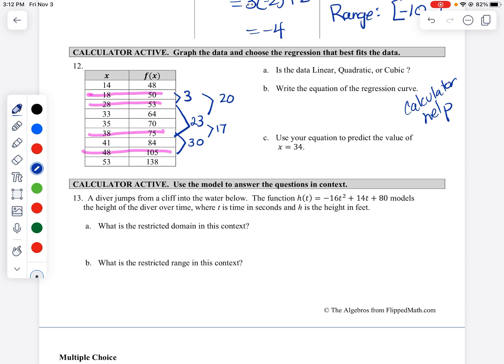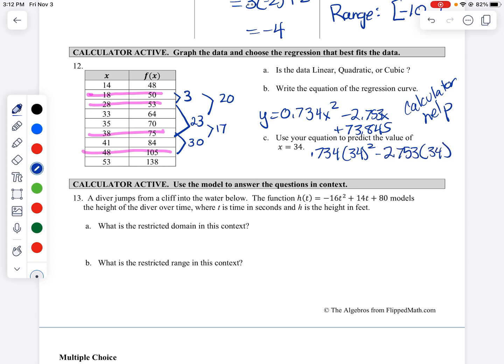Because I believe if you thought this was quadratic by graphing it, your regression equation would be that, and then if you plug in 34 for x, 0.734 times 34 squared minus 2.753 times 34 plus 73.845, you get approximately 65.1.